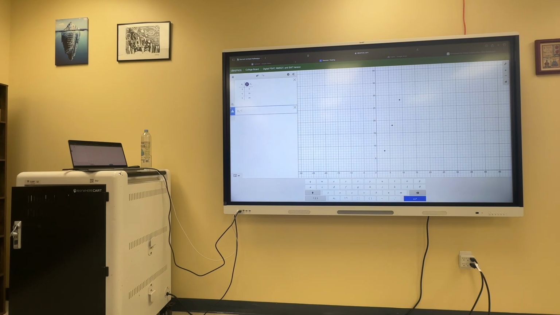Okay, so you're given those points. So you're given M and B, right? You're given M, and you're given B is equal to -2. Okay, you guys get all those.